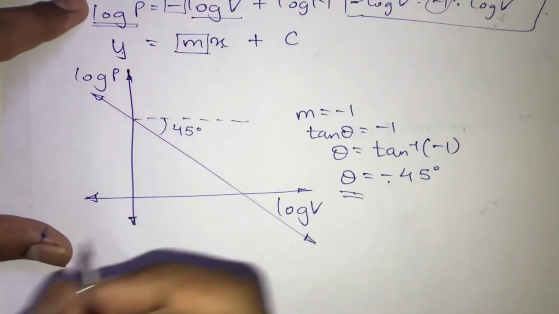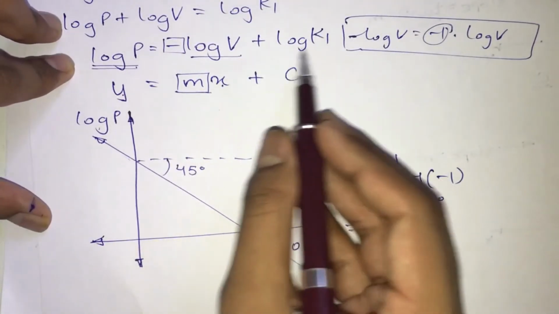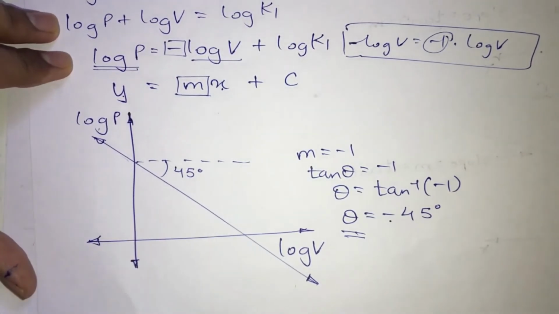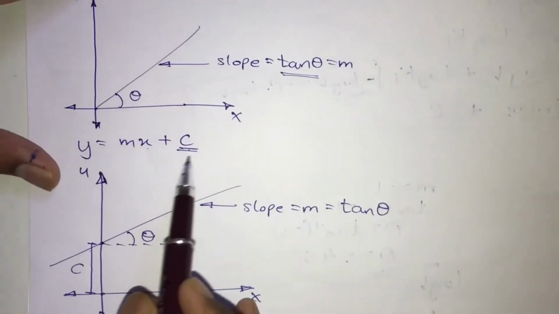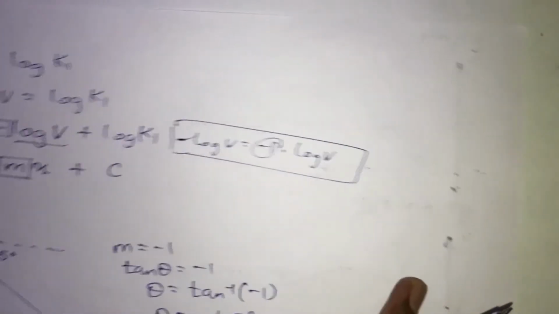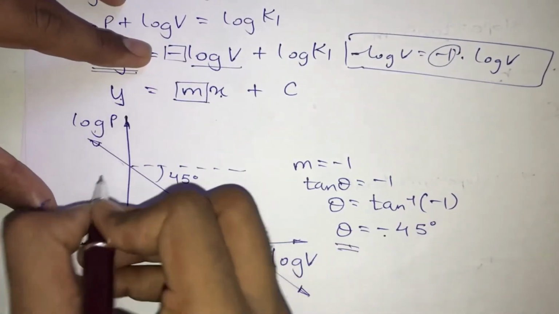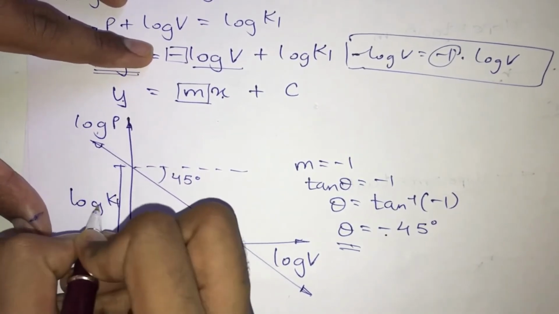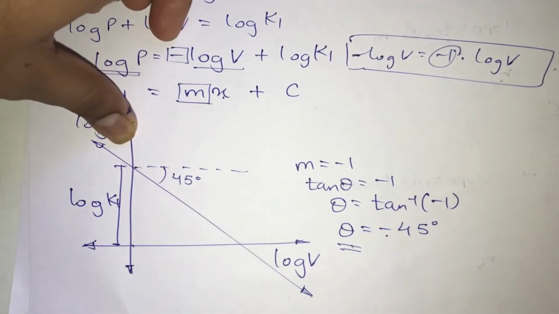Okay, now moving ahead, you have understood what is the log p, log v, but what is the use of this log k1? We haven't yet used log k1 in this graph. As mentioned earlier, see, in this equation, c is nothing but the y-intercept. Similarly, this log k1 is nothing but going to be your y-intercept. So the value of this log k1 is going to be this distance from origin till this intersection.